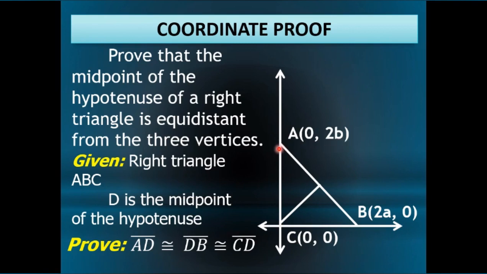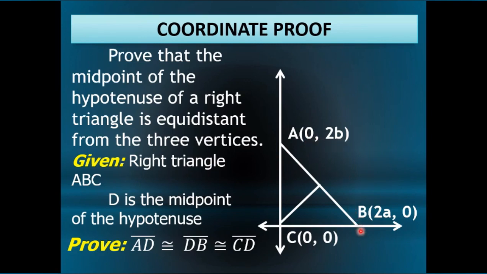And since we form here a vertical line, the common coordinate between point C and point A will be the x coordinate. That's why we use 0, 2b.